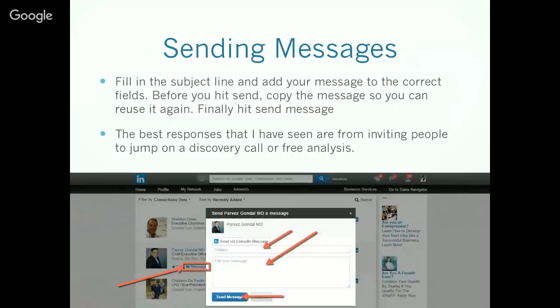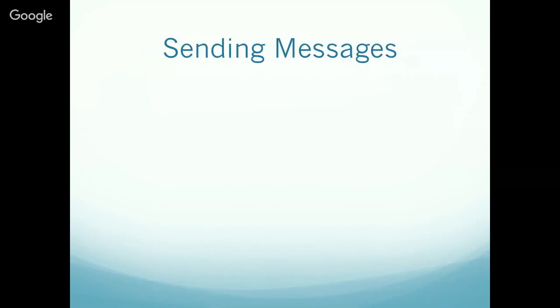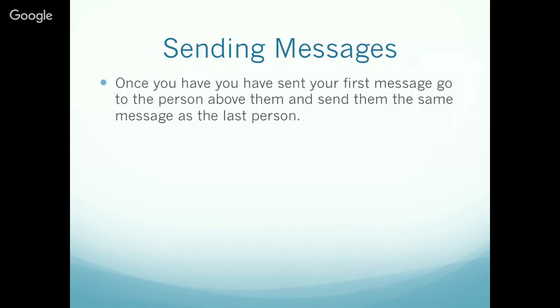Make sure to fill in the subject line and add your message to the correct fields. Before you hit send, copy the message so you can reuse it again. Finally, hit send message. The best responses that I have seen are from inviting people to jump on a discovery call or free analysis.